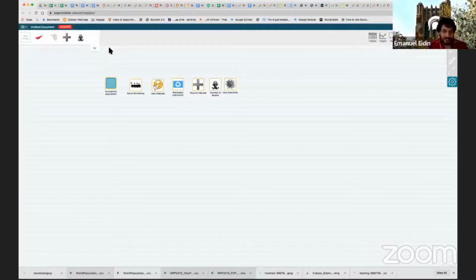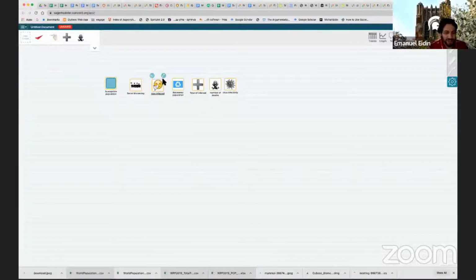So in advance, I built my own model base. It starts with a blank canvas, but I created all kinds of images, those boxes that represent variables. So I have all those variables.